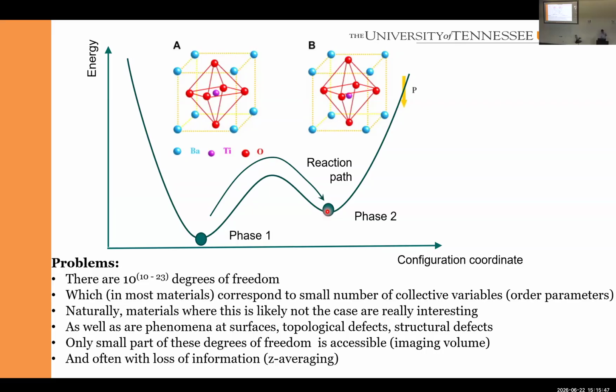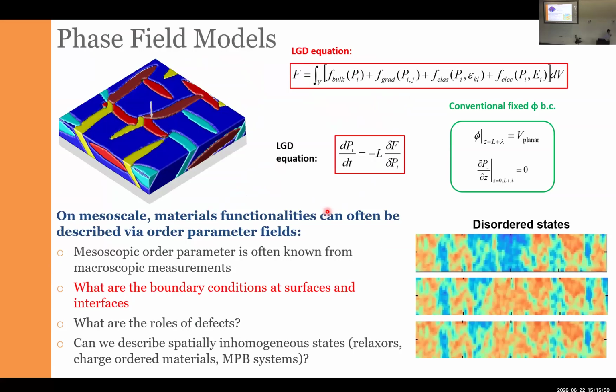But there are two issues. We can study only bulk phenomena by scattering, but we don't know what happens at surfaces or at interfaces. And there are also materials where the concept of the order parameter doesn't work very well. For example, if you've heard about things like spin glasses, spin liquids, relaxor ferroelectrics or morphotropic phase boundaries, these are systems where it is not clear whether this collective variable exists.